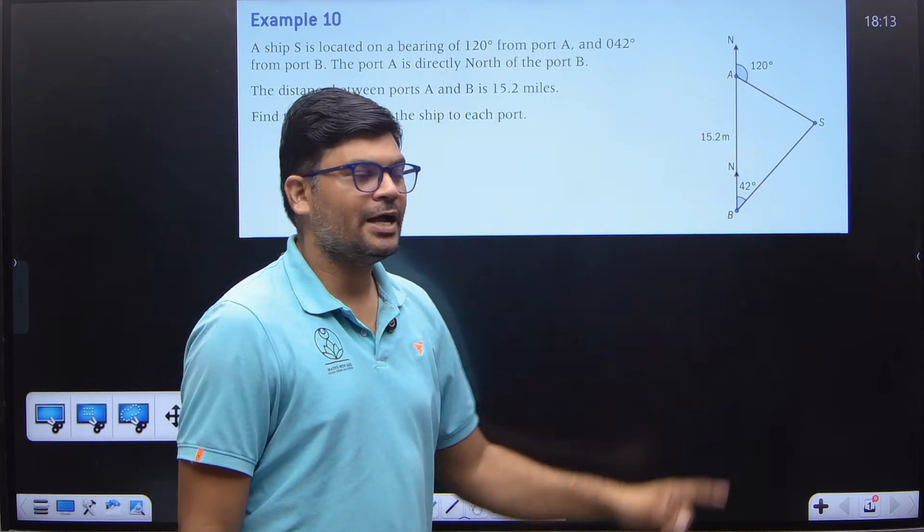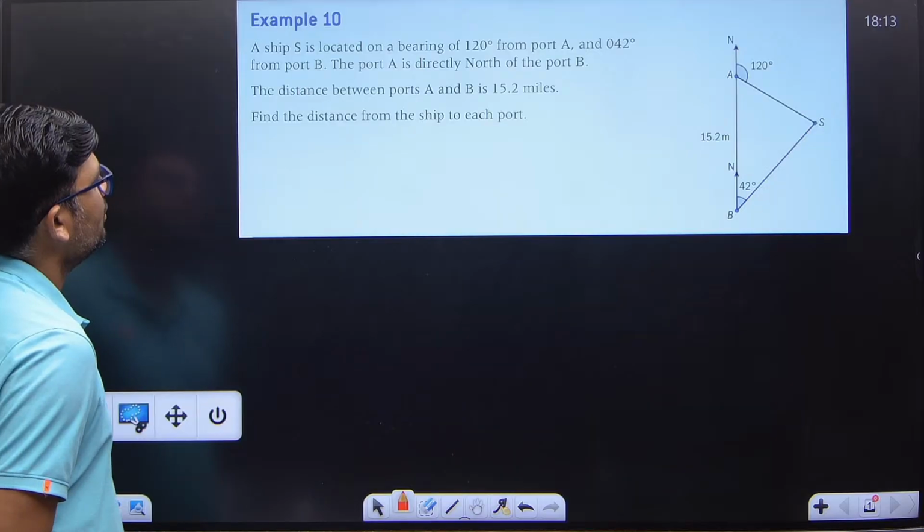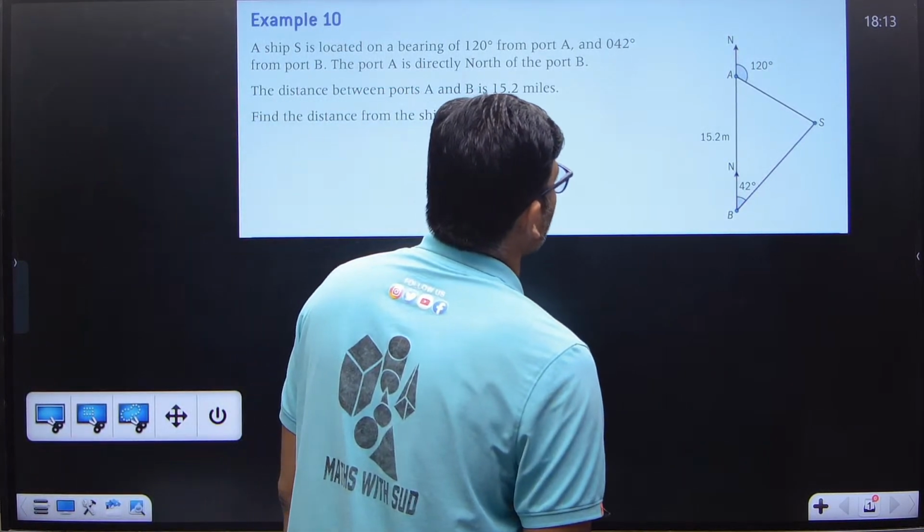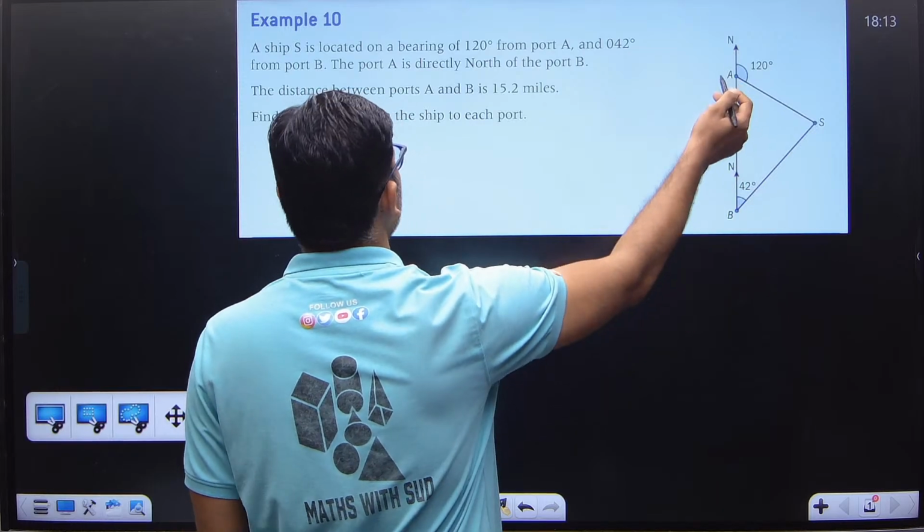If you complete the triangle, it is talking about the angle. The port A is directly north of port B.